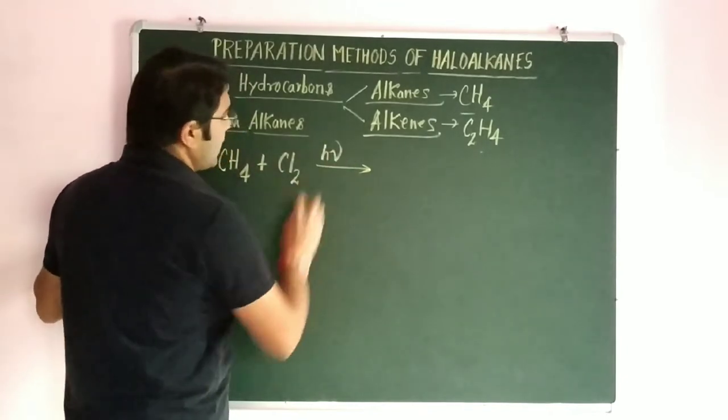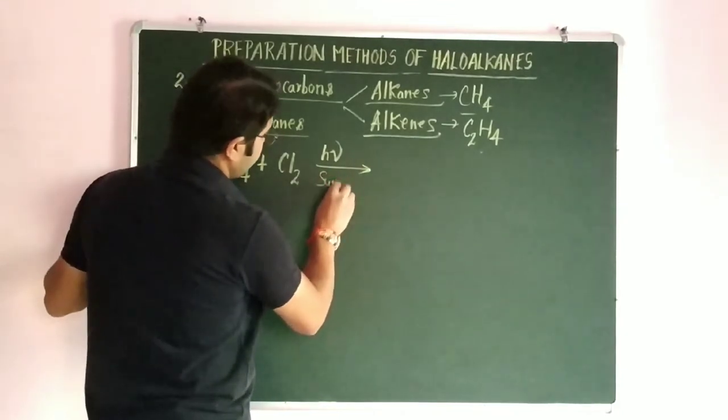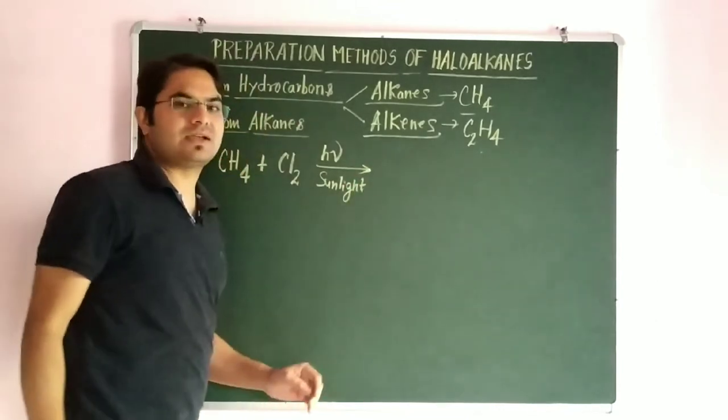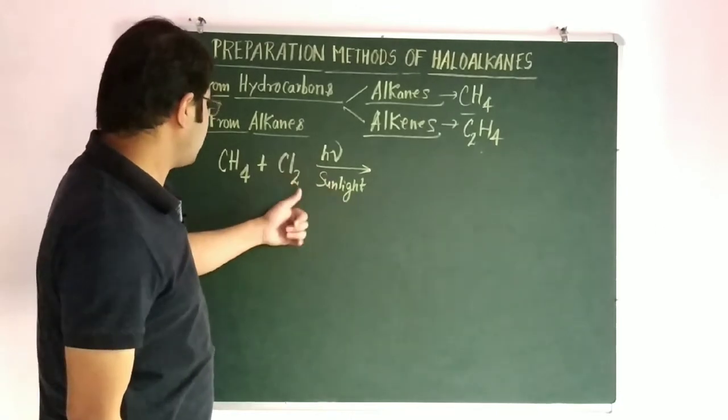We use the term h nu here, or ultraviolet light or sunlight, because alkanes are generally less reactive in nature, so chemical reactions of alkanes are not possible with ease. That's why we use sunlight.